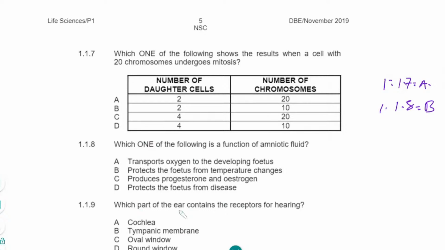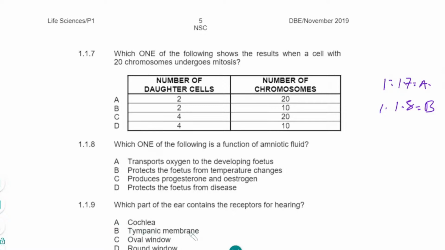The receptors for balance are found in the semicircular canal, while the receptors for hearing are found in the cochlea. Receptors for hearing send impulses to the cerebrum because that is a sensation, while for balance, they send to the cerebellum. Why? Because that is balance and equilibrium. So now the part is going to be A, cochlea.